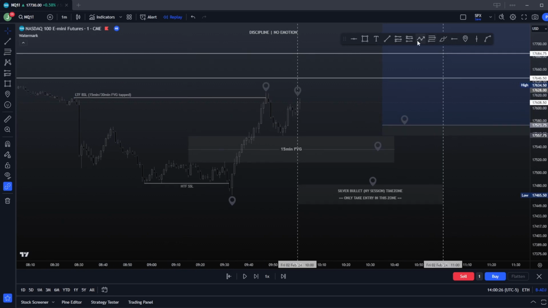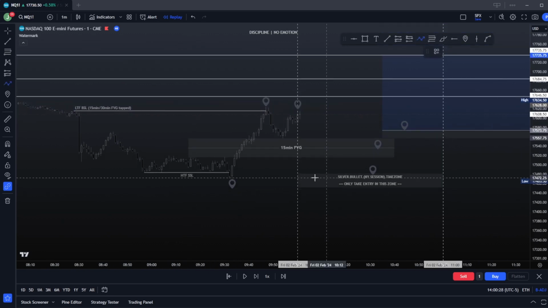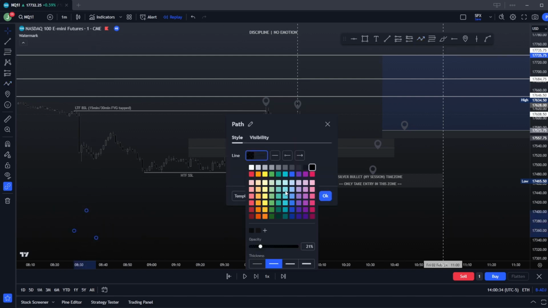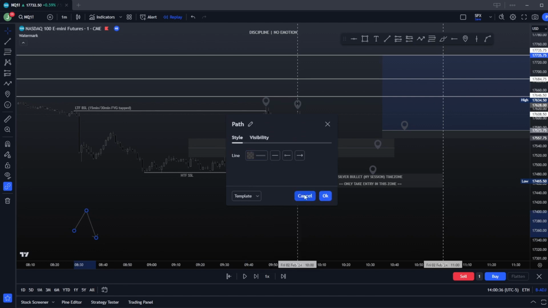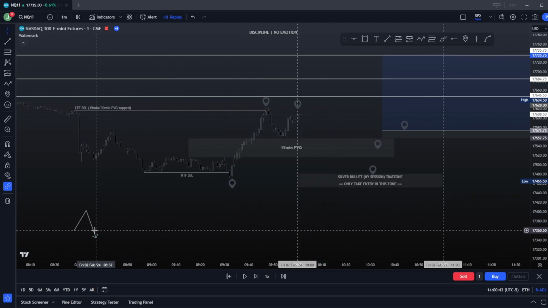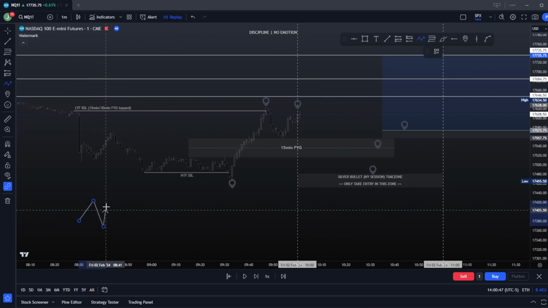Something about silver bullet that happens a lot is you have something called a seek and destroy profile. Let me change color of this. You have a seek and destroy profile, and what that is, something like this.